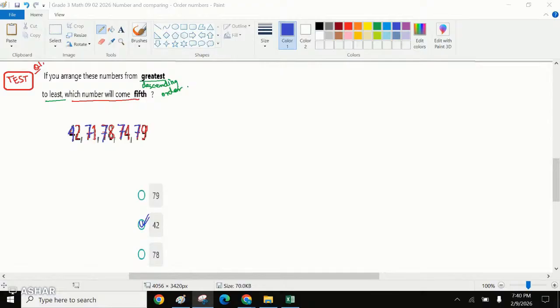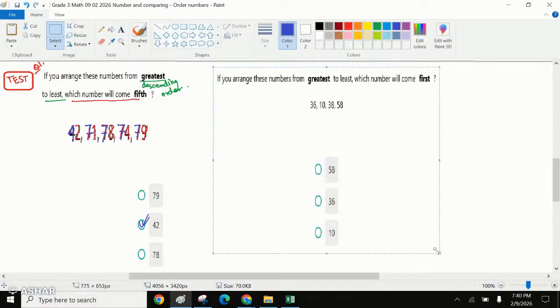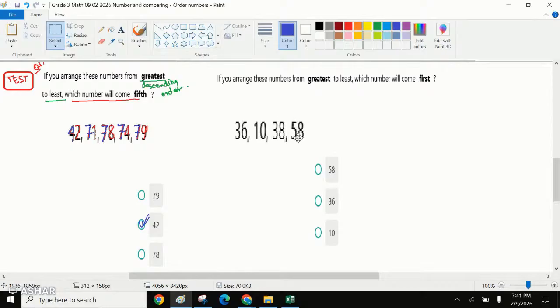Let's have a look at another question. Which number will come first in the next question? They're saying which number will come on the first position. First means which is the greatest number?